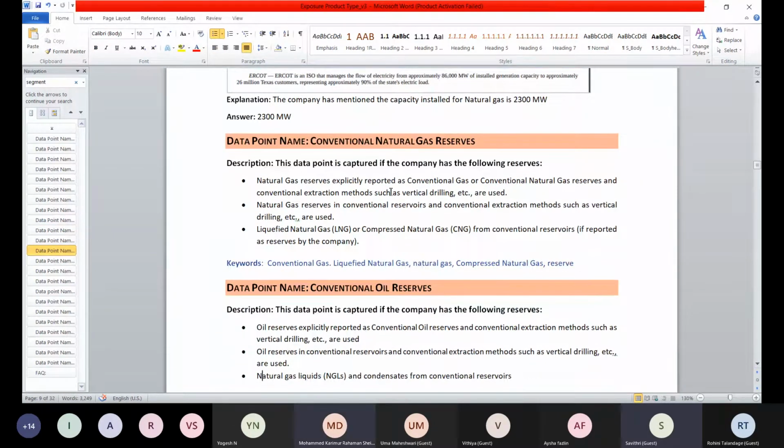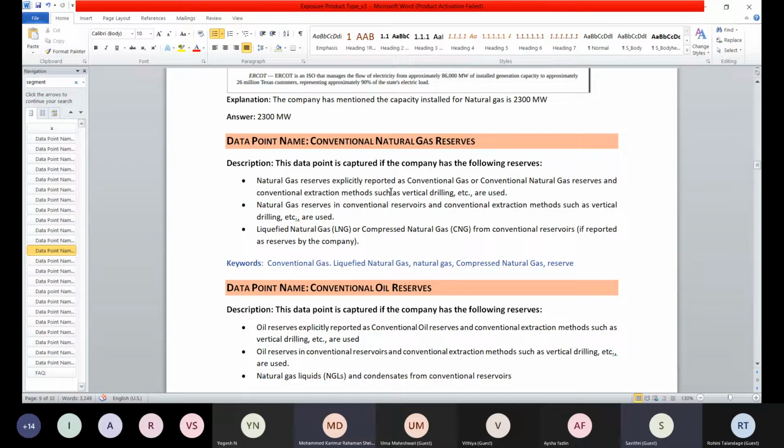For this data point, we need to capture the natural gas reserves explicitly reported as conventional gas or conventional natural gas. If it is disclosed in the same way, we are going to capture that.